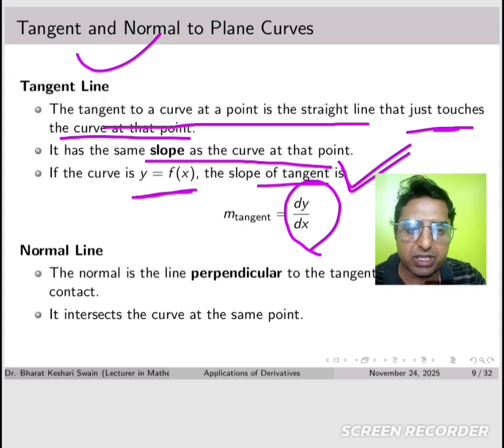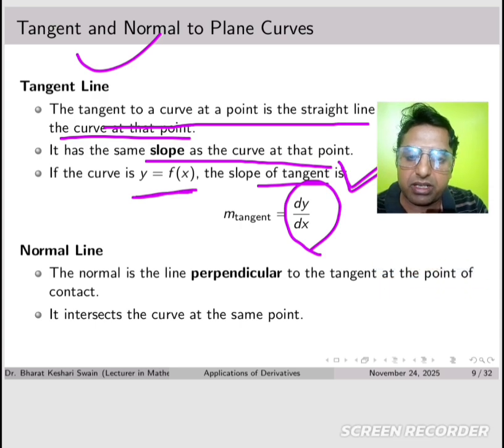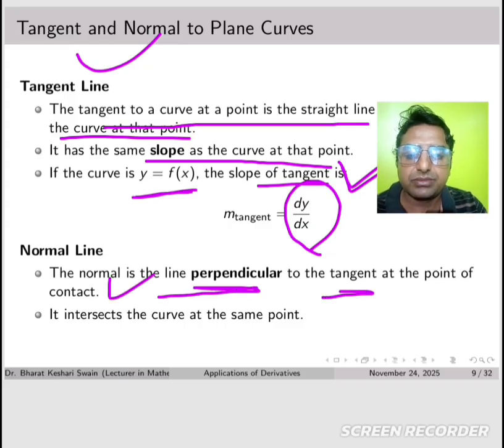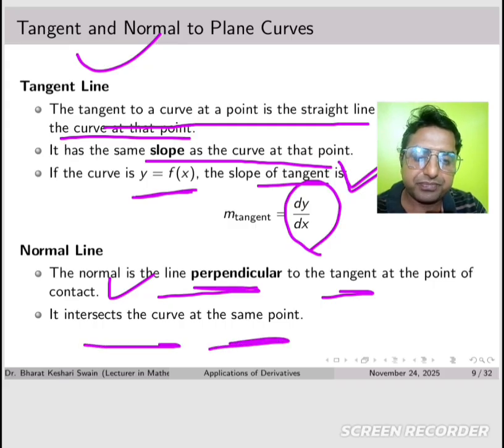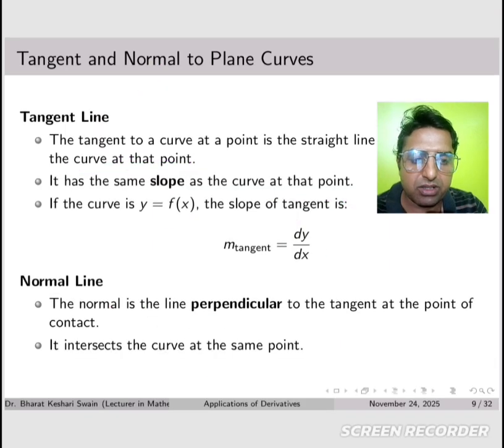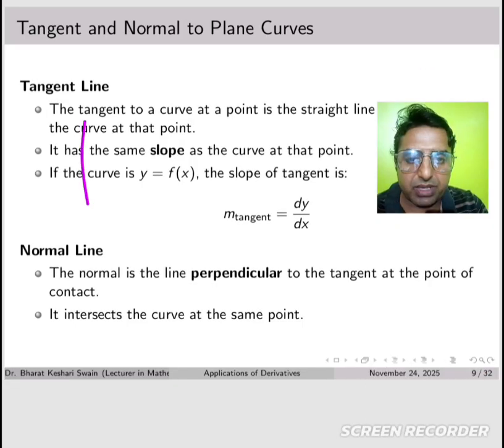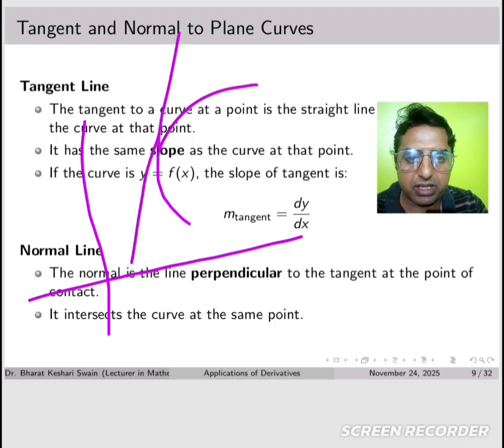Okay. Now, what is the normal line? The normal line is the line perpendicular to the tangent at the point of contact, and it intersects the curve at the same point. See here, if I draw a curve like this, and this is the point, this is the tangent.